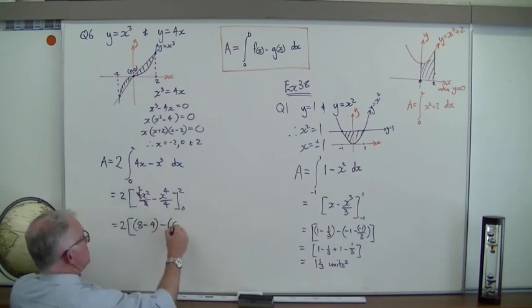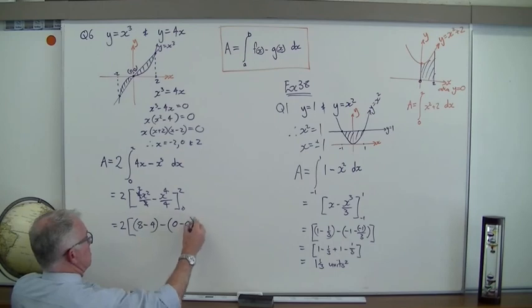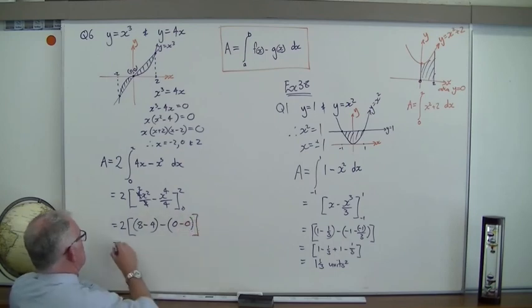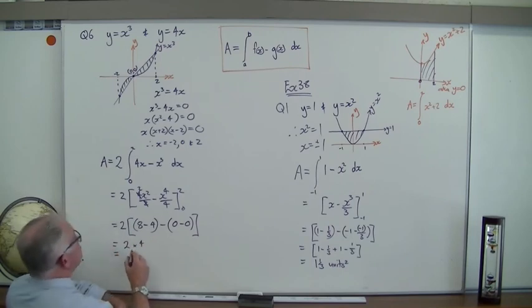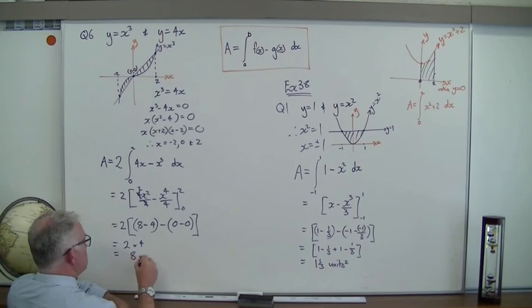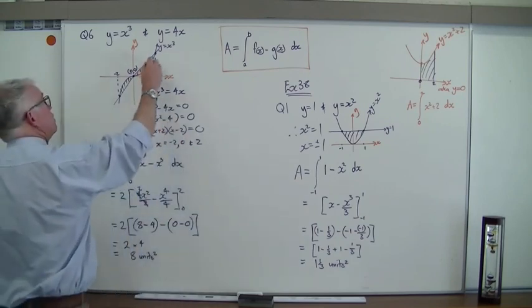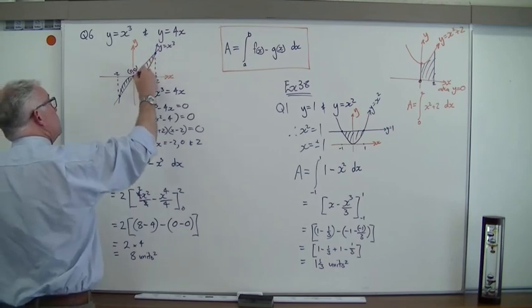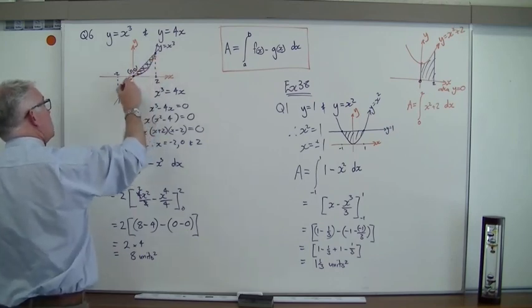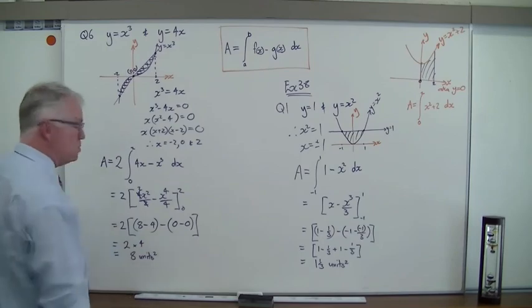That's going to be 0 minus 0. Alright, so we'll have 2 times 4. That means the total area will be 8 units squared. The total area of this part plus this part will be 8 units squared.